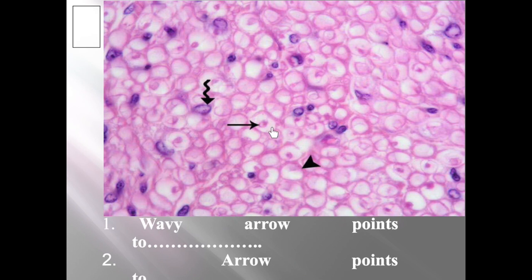And if you are asked, here we have the arrowhead, it is pointing to the neurolemma or neurolemmal sheath. If you have an arrow in this white area, it is the site of dissolved myelin sheath. Also, if you are asked what is this structure, it is the nerve bundle in a nerve trunk.